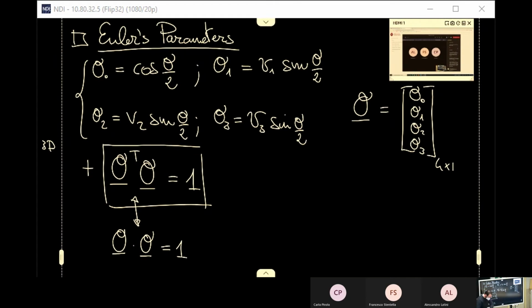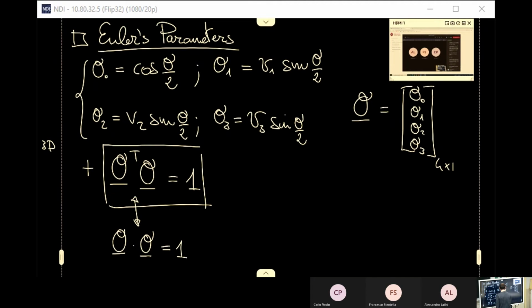One way of reusing these parameters is through the definition of quaternions. Have you ever heard of quaternions? Right. So this is basically the same thing. Quaternions is a set of quantities in the 4th dimension, like this.